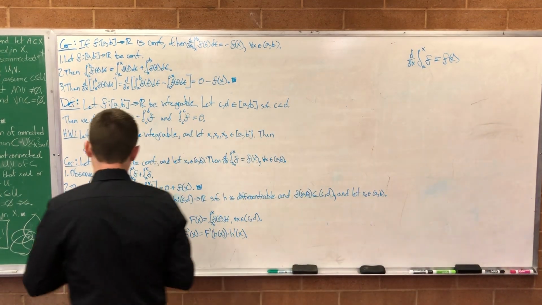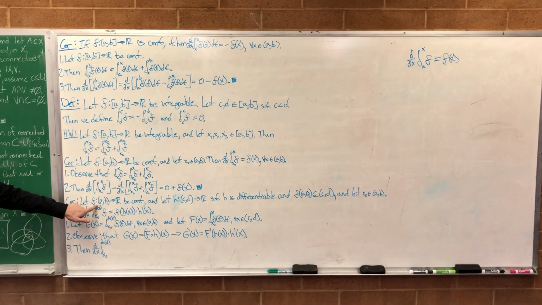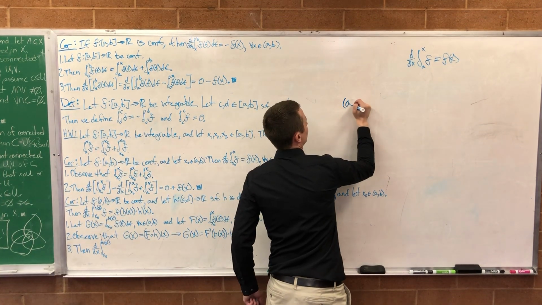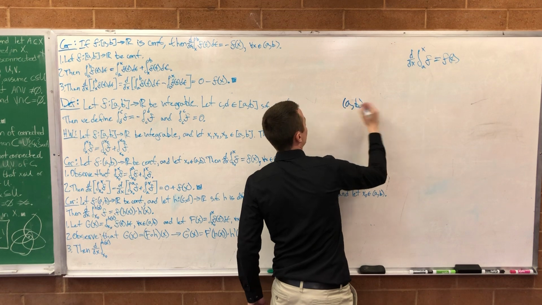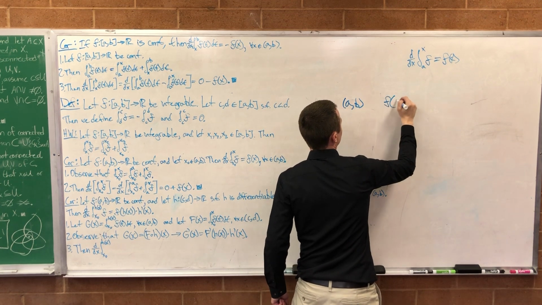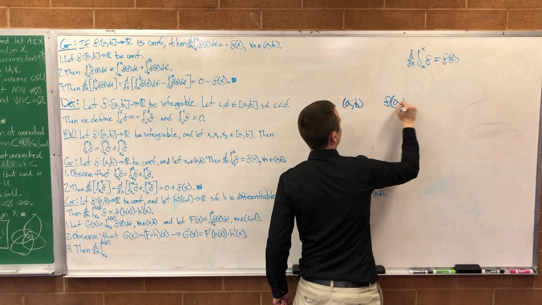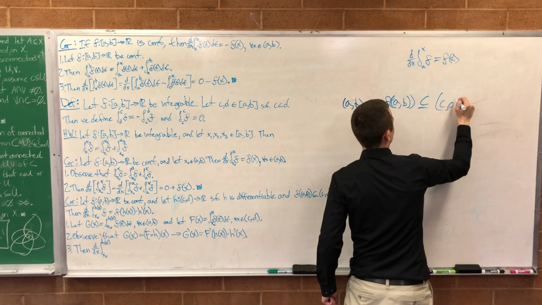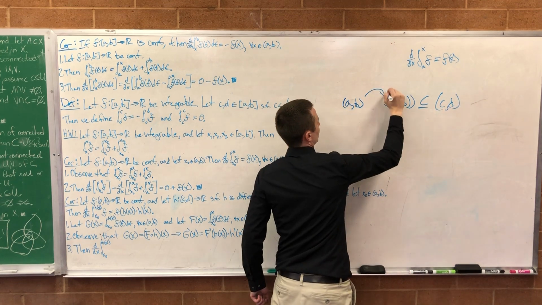So let's make sure we understand this. Let me maybe draw a quick picture over here. So we have (a,b) to f of (a,b), which is a subset of (c,d). And f maps like this.